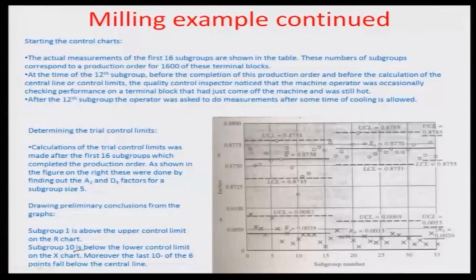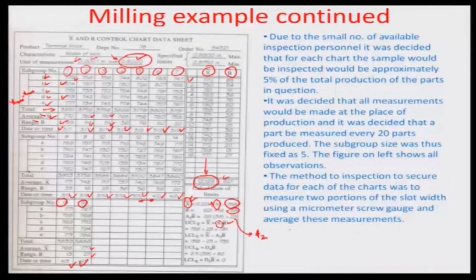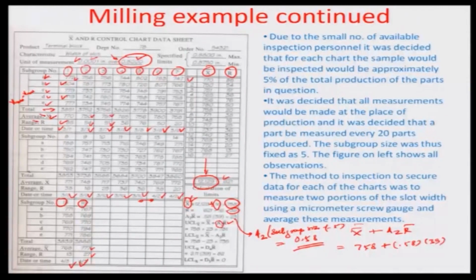So, the A2 for a subgroup size of 5 is recorded as 0.58, and therefore you can have the two limits defined as x double bar plus A2 r bar, which in this case is 758 plus 0.58 times 39, which is the r bar.